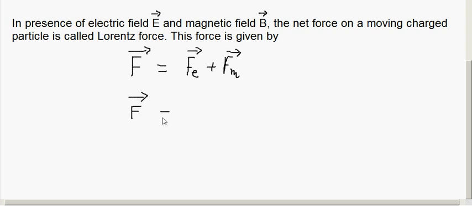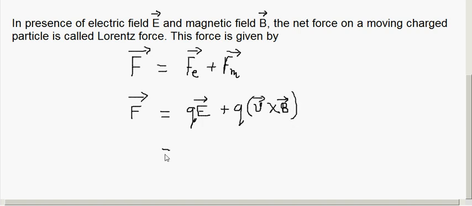we know the force due to electric field is Q into E. Q into electric field plus the force due to magnetic field is Q into V cross B. This also we have seen in the last class.